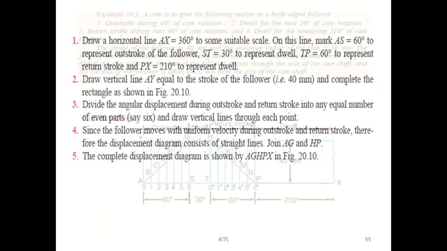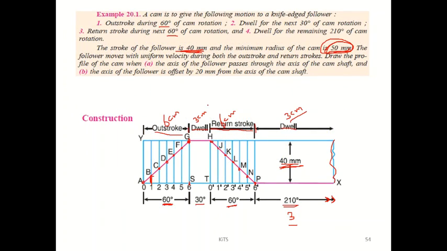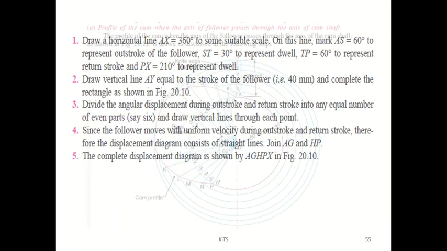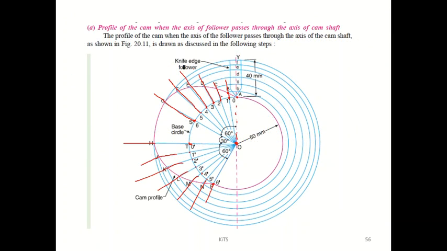Similarly, 2 to C, measure this distance from the displacement diagram. Here 2 to C, mark that distance. Already I have marked the point B. Now I have marked one more point C.